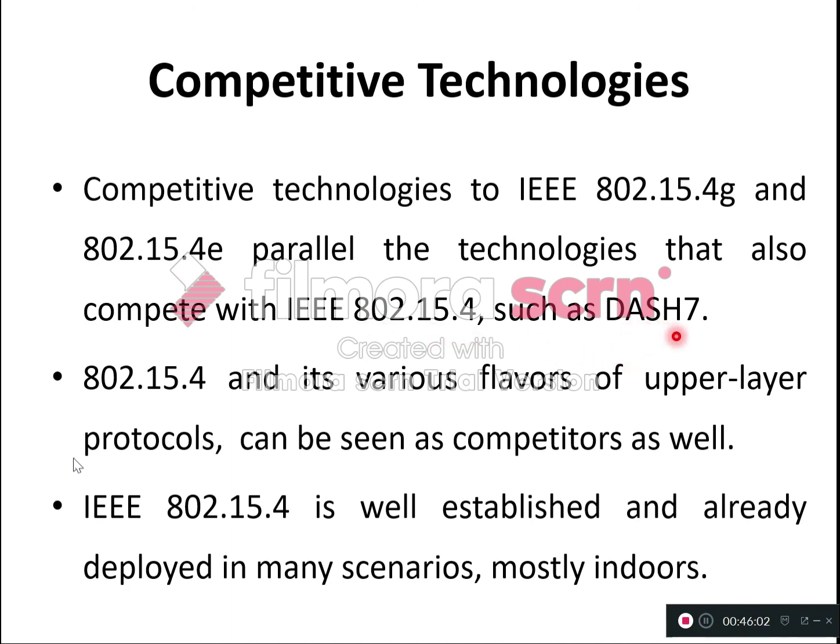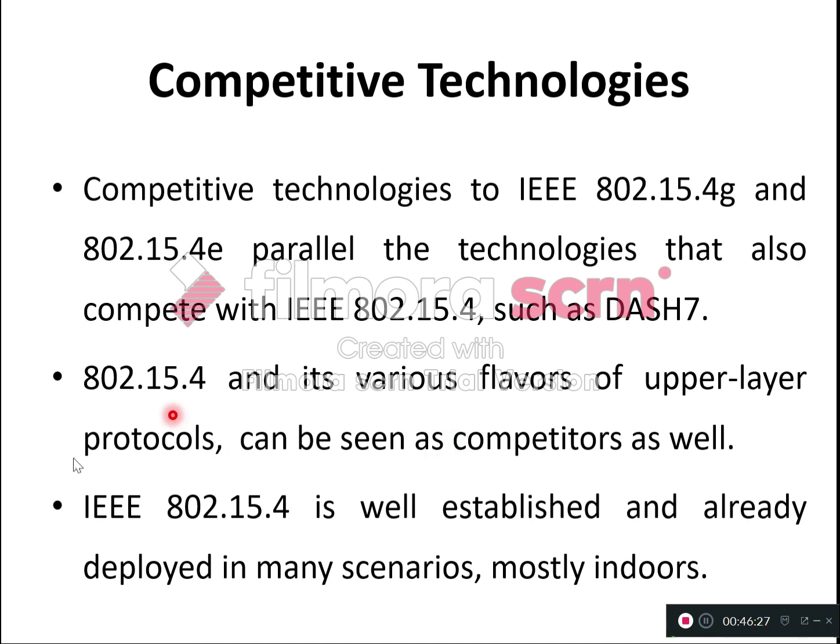We have seen Dash7 in the competitive technologies of 802.15.4. This is also a competitive technology for the G and E version. 802.15.4 and its various flavors of upper layer protocols can be seen as competitors as well. That means the flavors of 802.15.4.